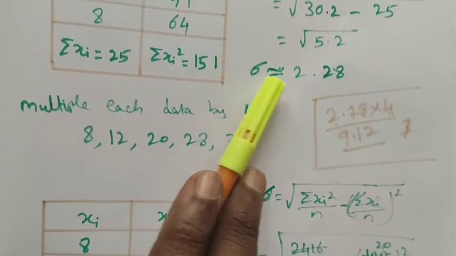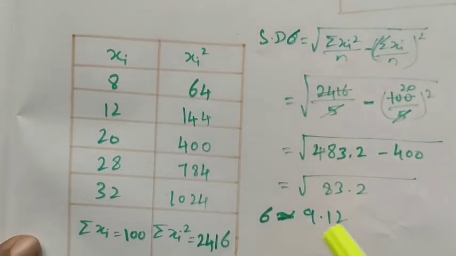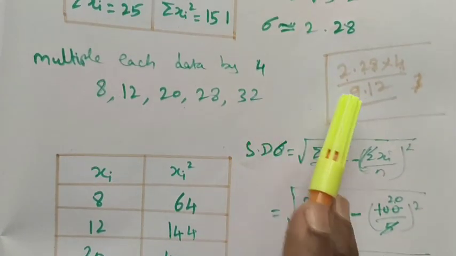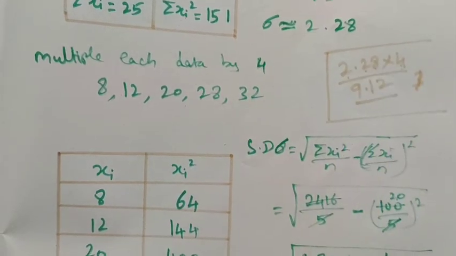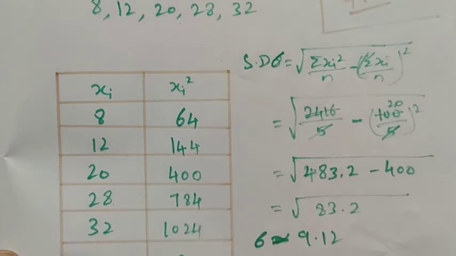Before multiplying we get 2.28, after multiplying by 4 we get 9.12. By this we conclude that if each and every data is multiplied by the same constant, then the standard deviation is also multiplied by the same constant. So the standard deviation is also multiplied by 4.